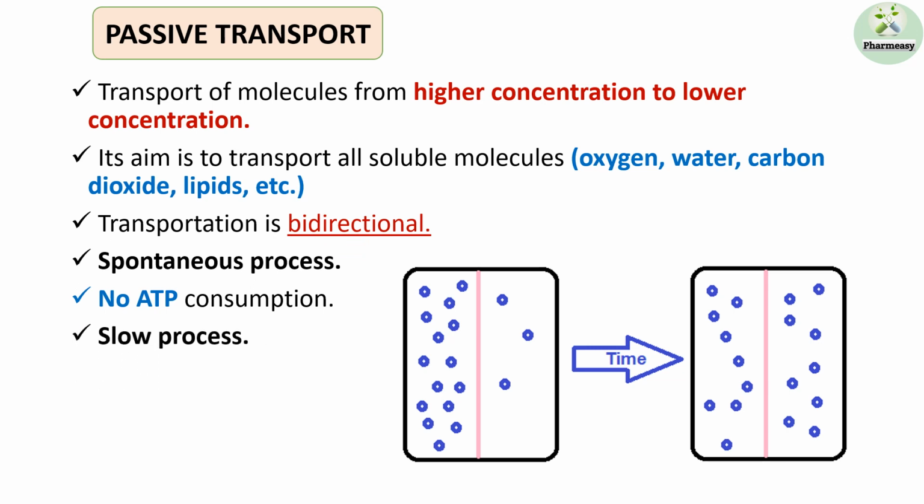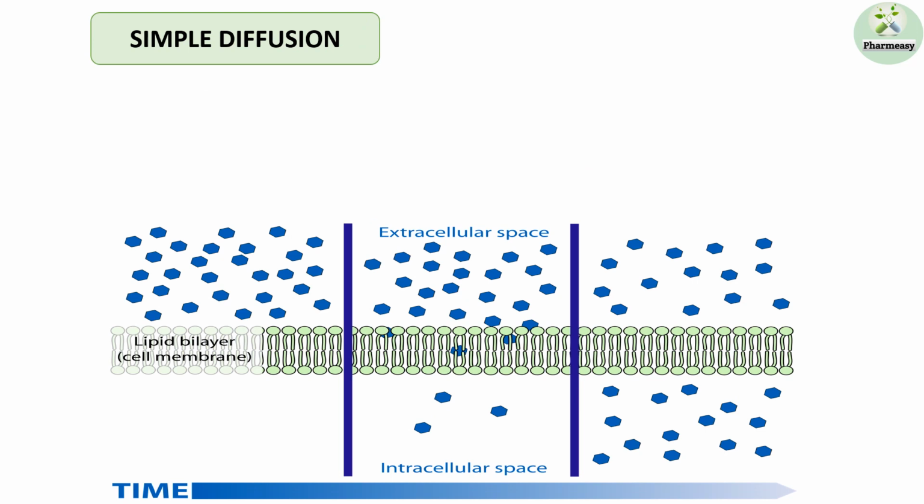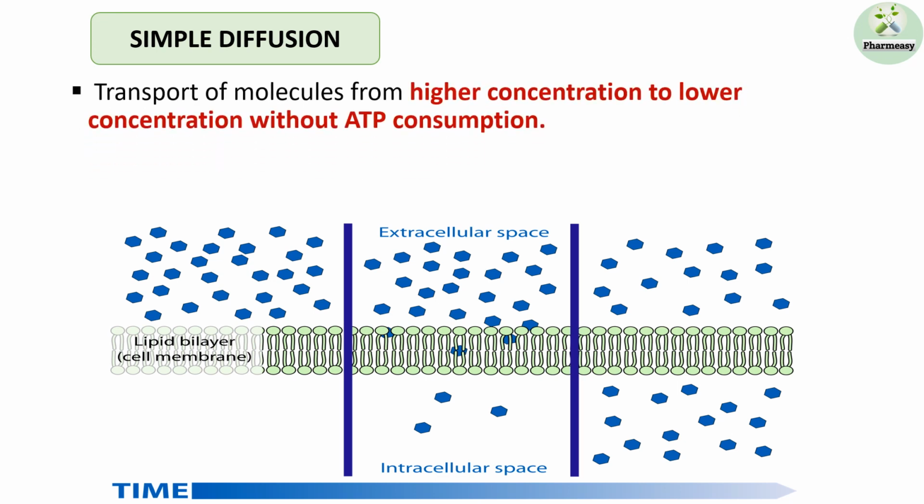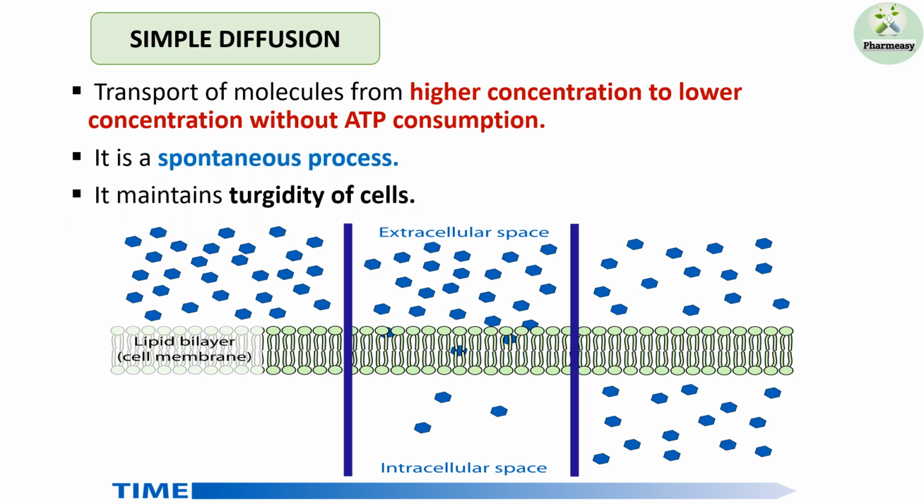It is a slow and spontaneous process. First type of passive transport is simple diffusion. It is similar to passive transport. In this, transport of molecules is from higher concentration to lower concentration without ATP consumption. It is a spontaneous process and it maintains the turgidity of the cell.